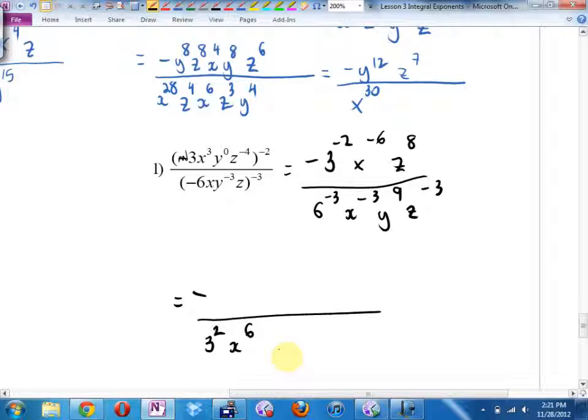Stay or move? 6 to the negative 3. Move? X to the negative 3. Y to the 9th. Z to the negative 3. Move.